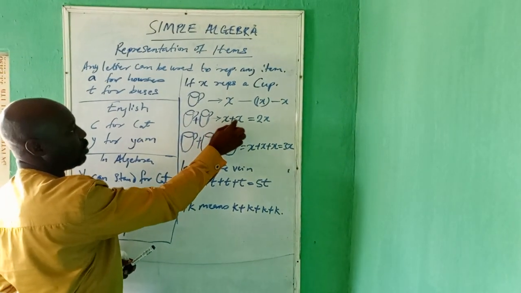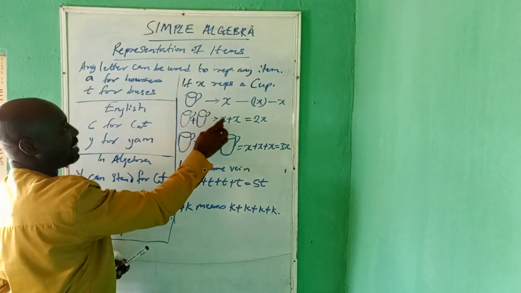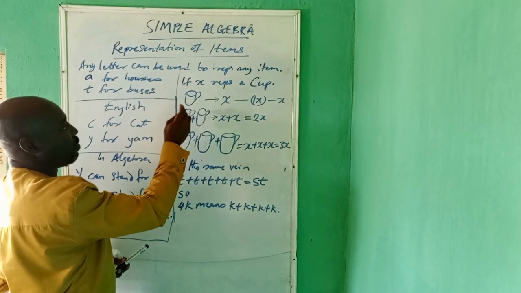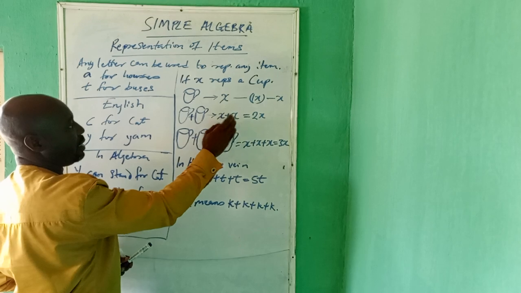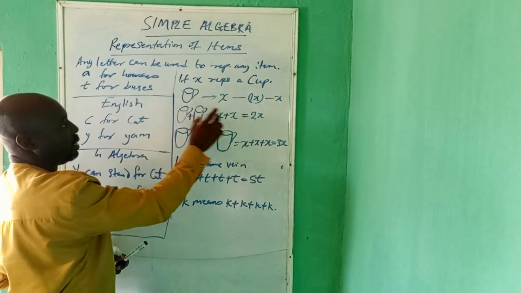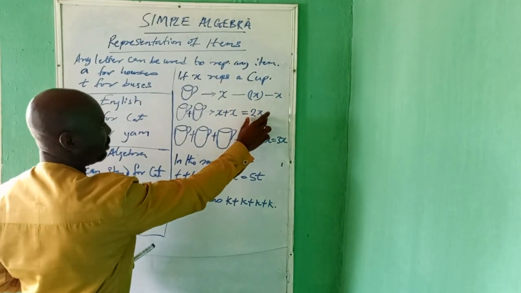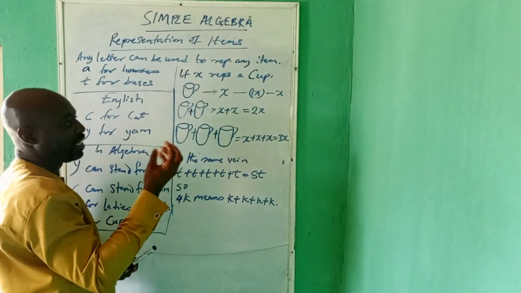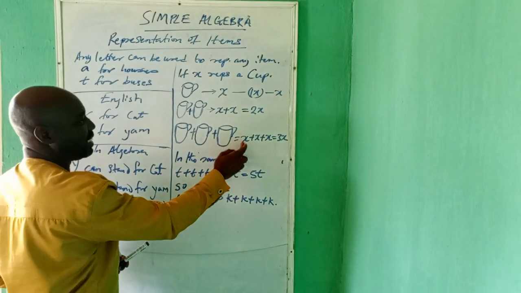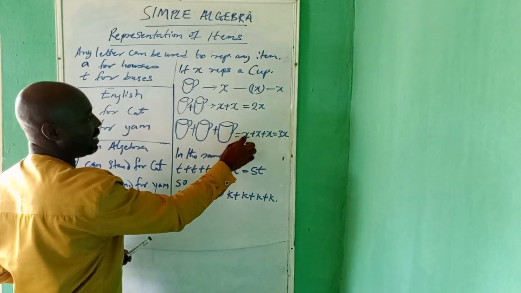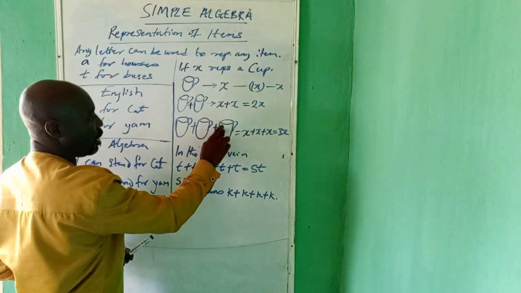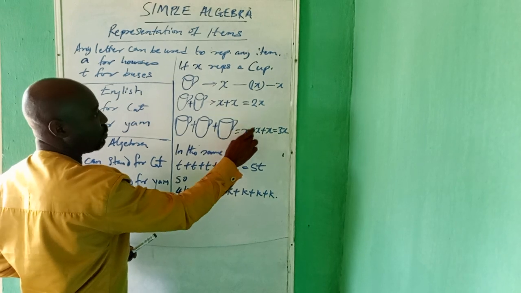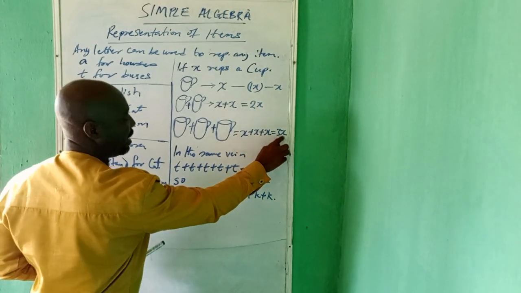Here we have X plus X, since this X stands for cup, so we have two cups here, and this is 2X. We have cup plus cup plus cup, which then we have three cups. Since this X represents a cup, we now have X plus X plus X, which is 3X.